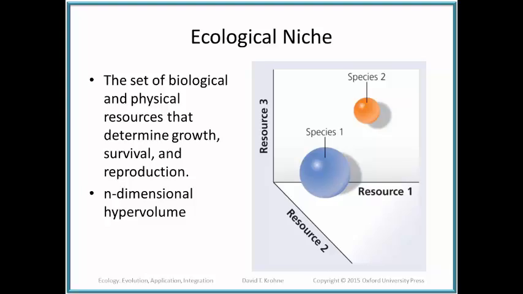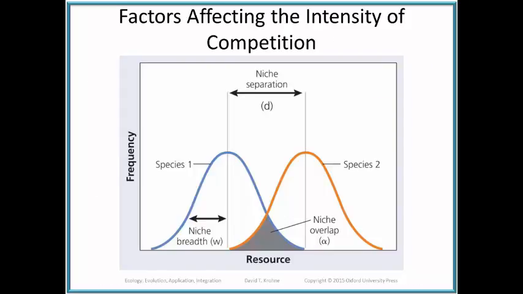Again, this ecological niche is a set of biological and physical parameters that determine the growth, survival, and reproduction of that species. It's often referred to as an n-dimensional hypervolume because you're going to sort of construct this theoretically in hyperspace to define all the requisites for survival that that species would require.